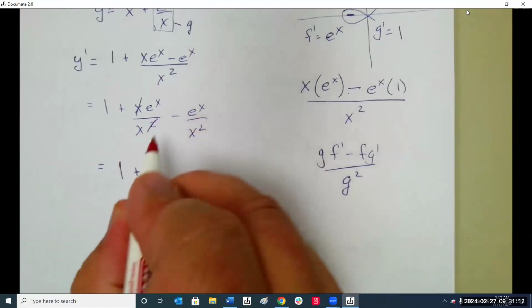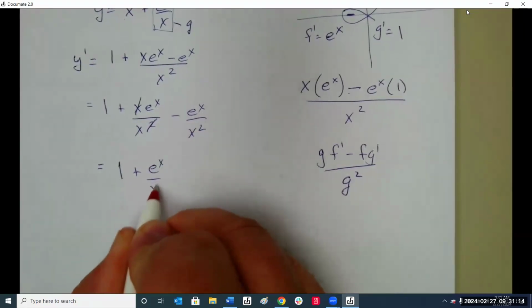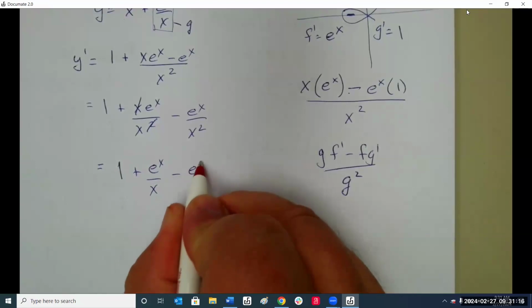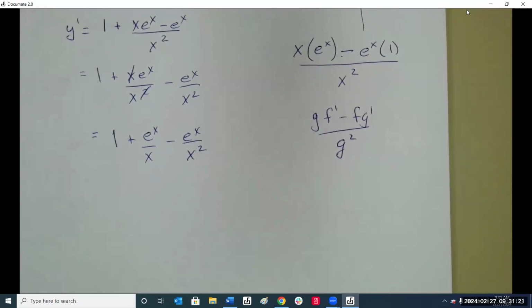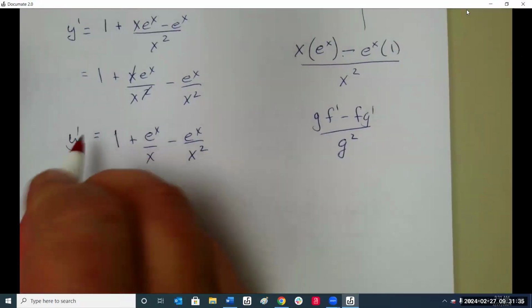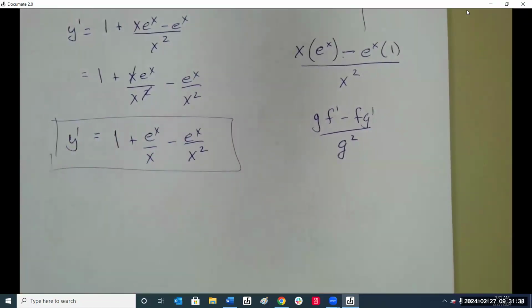One x cancels, so we have e to the x over x minus e to the x over x squared. And there's your derivative. Okay, that's the first way you could have done it.